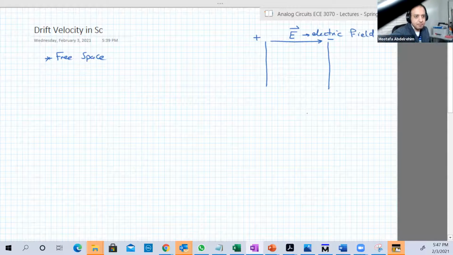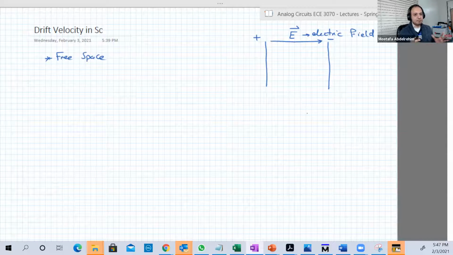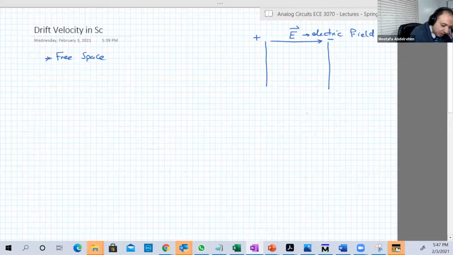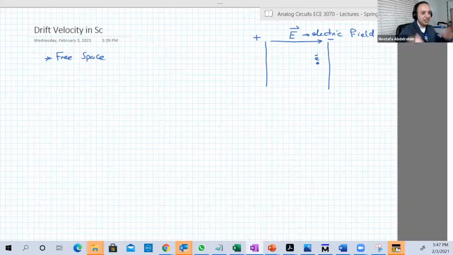Good. So now we have an electric field. Now let's assume that somehow we inject an electron between these two electrodes, here for example. Now we have a negative charge in an electric field.